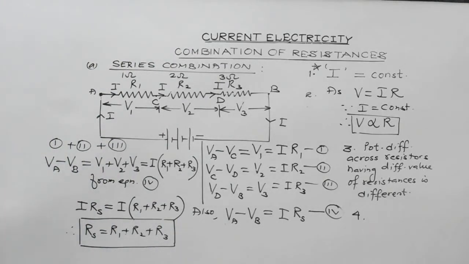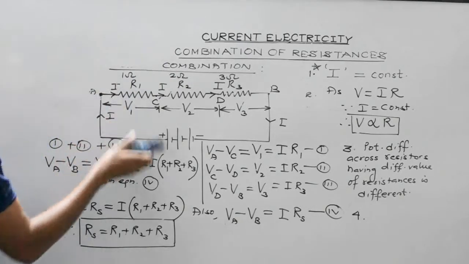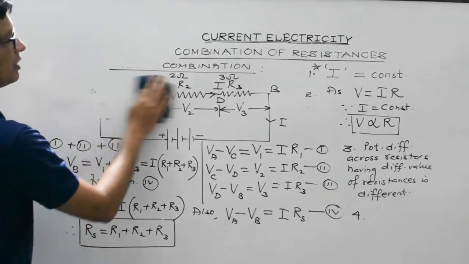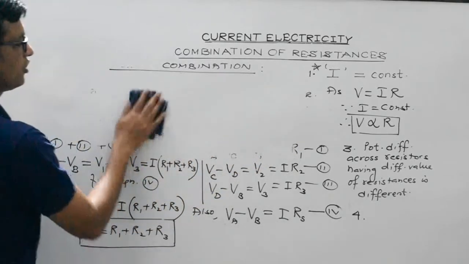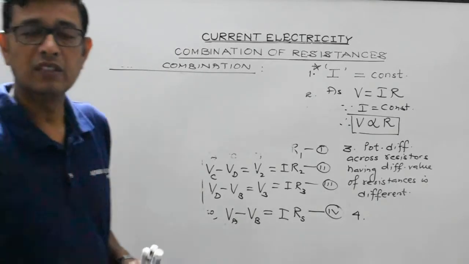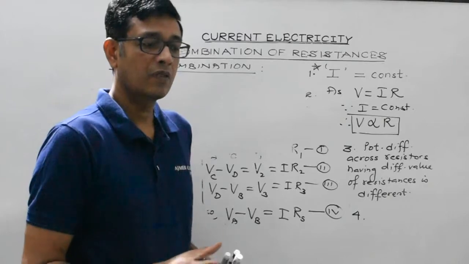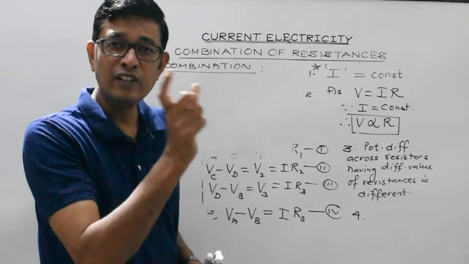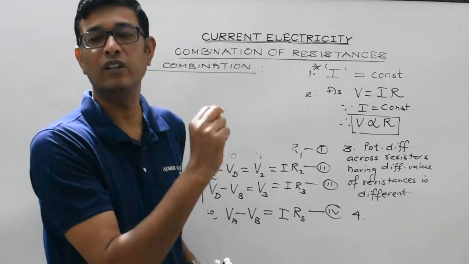So, after completing this topic of series combination, let's concentrate on the parallel grouping of resistors. Right? In parallel, the conditions will simply get changed. Parallel means two or more resistors are said to be connected in parallel only when the ends of the resistors are connected between the same two common points.